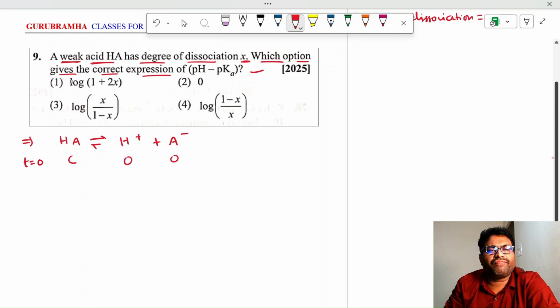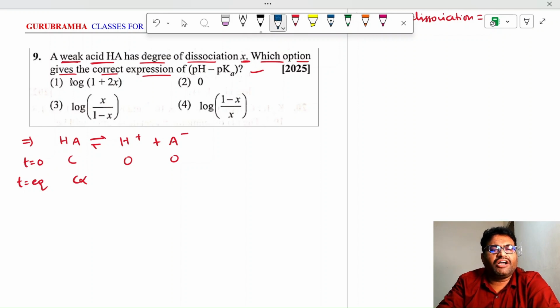At equilibrium, let C alpha be the amount dissociated, and we know that when 1 mole of HA dissociates, 1 H plus and 1 A minus are formed. So H plus formed is C alpha, A minus formed is C alpha, and HA remaining is C minus C alpha.